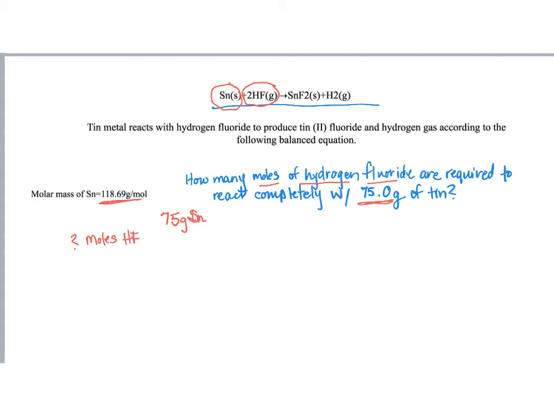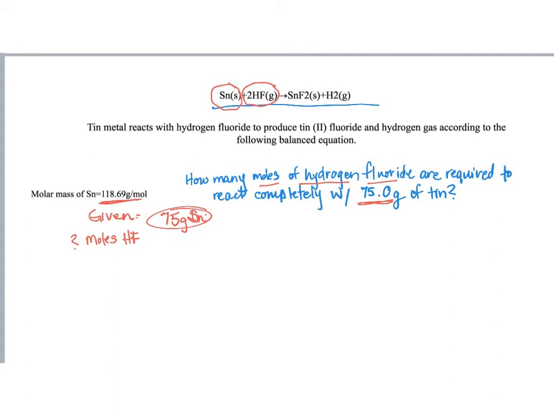So we're going to take 75 grams of tin and somehow figure out, using what we know from that equation, how do we get to moles of hydrogen fluoride that are needed.